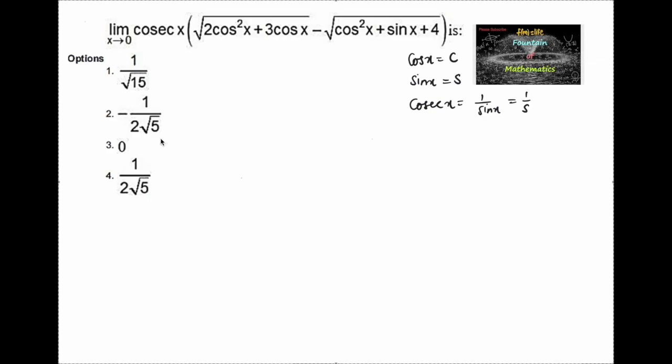So that the given expression we can write it as limit x tends to 0, 1 upon sin, under root of 2 cos square plus 3 cos minus under root of cos square plus sin plus 4. Let us do rationalization.